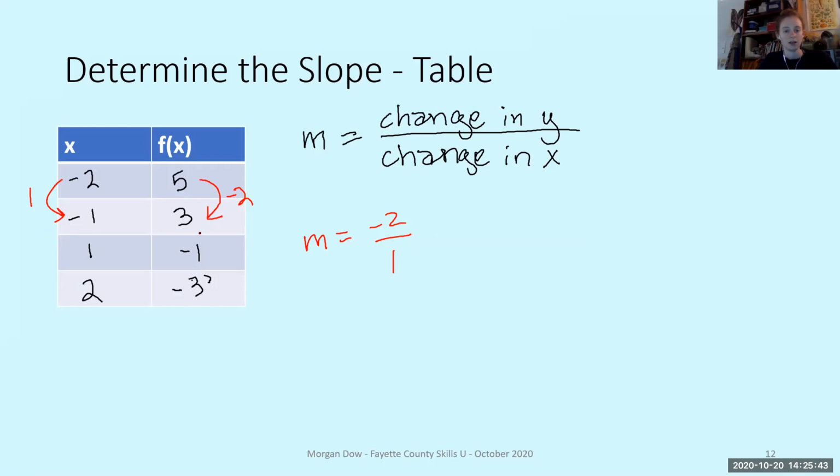Let's see if we get the same ratio if we do different pairs of points here. So going from 3 to -1. How big of a change is that? Well, going from 3 to -1 would be going down by 4. So we would say it's a change of -4.